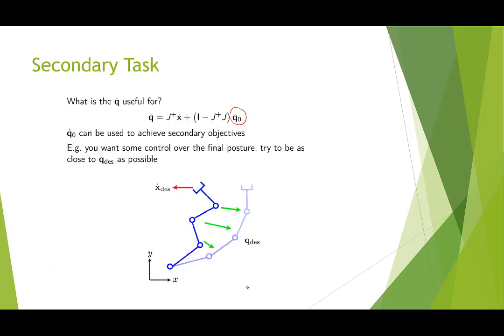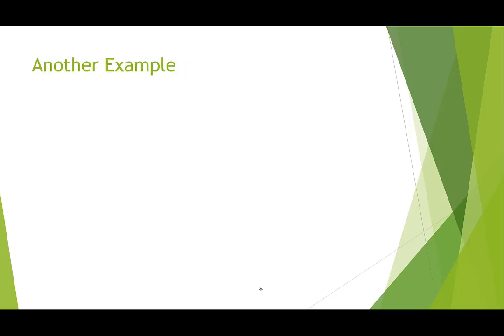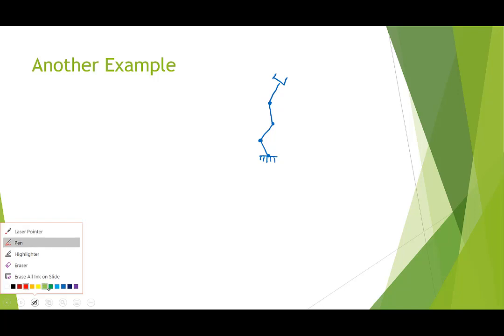There would be other examples as well. Let's think of this redundant robot again. Assume it wants to go and pick an object, let's say here.